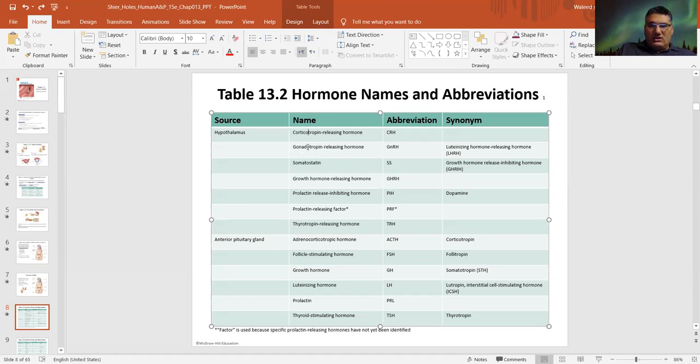Gonadotropin releasing hormone. Gonado means gonads, and gonads is an umbrella that means the sex organs, whether we're talking about testes in males or ovaries in females. Both of them together, we call gonads. So gonado means gonad. Gonadotropin means it's going to stimulate the gonads.